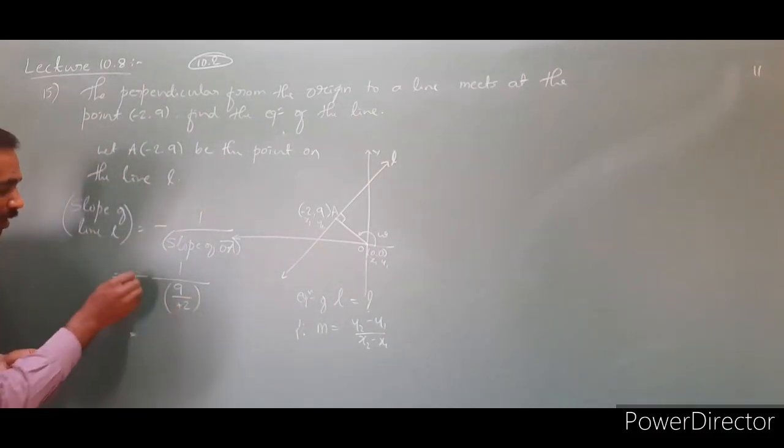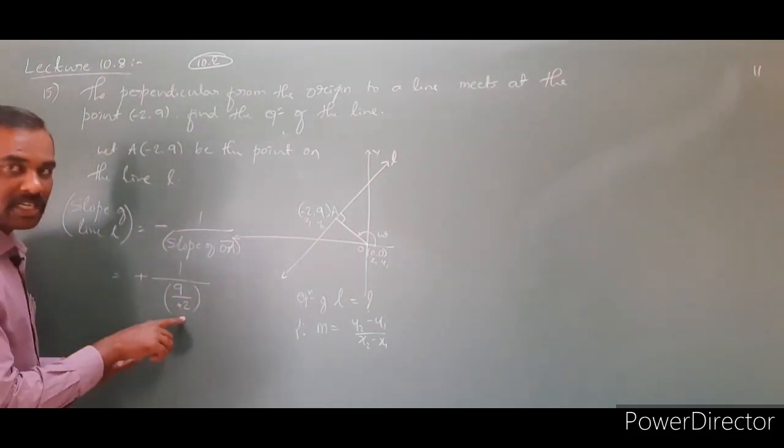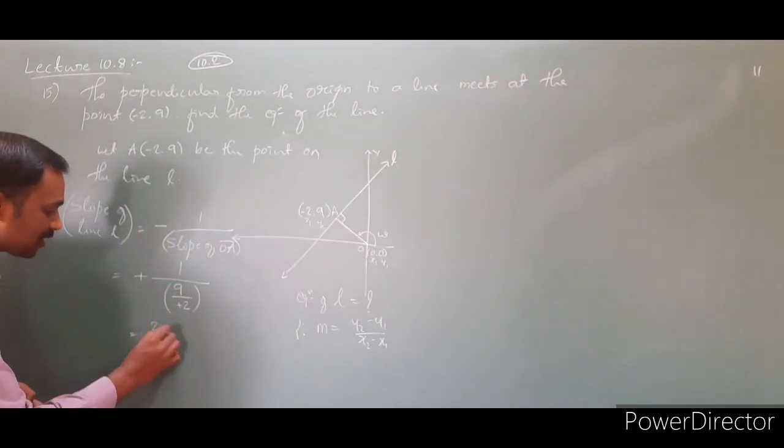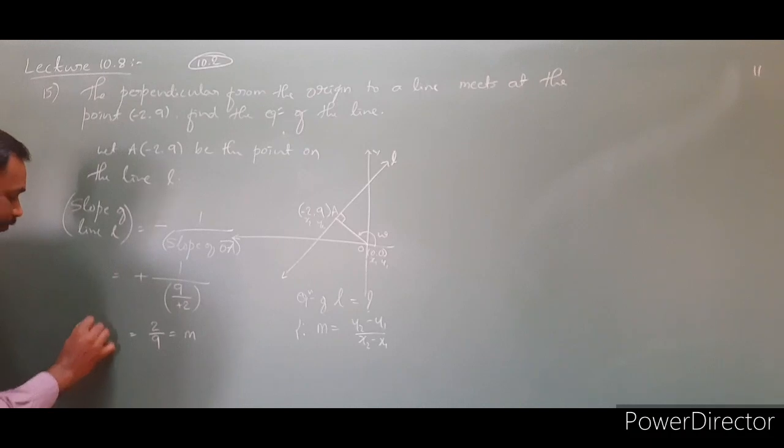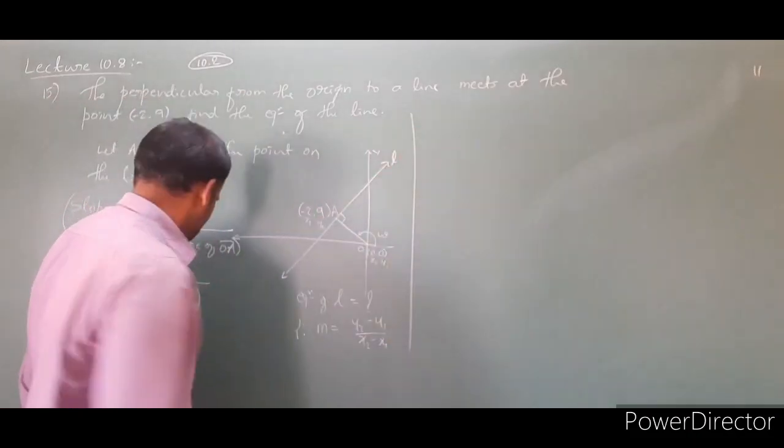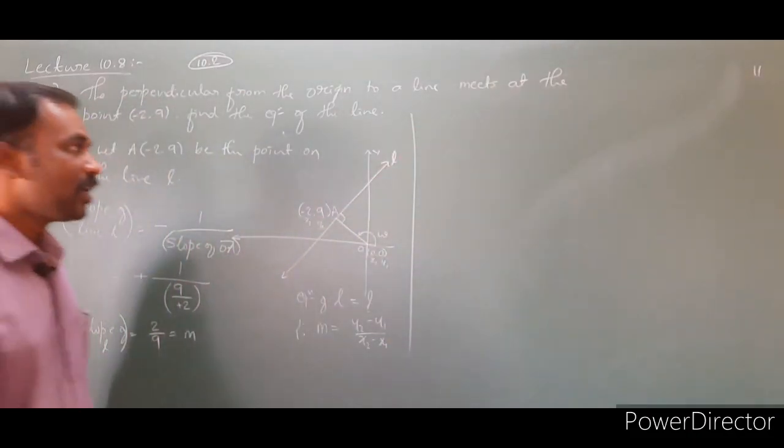The minus signs cancel, and what is left is 9 by 2. This is the slope, which I denote as m. The slope of the line we got is 2 by 9.